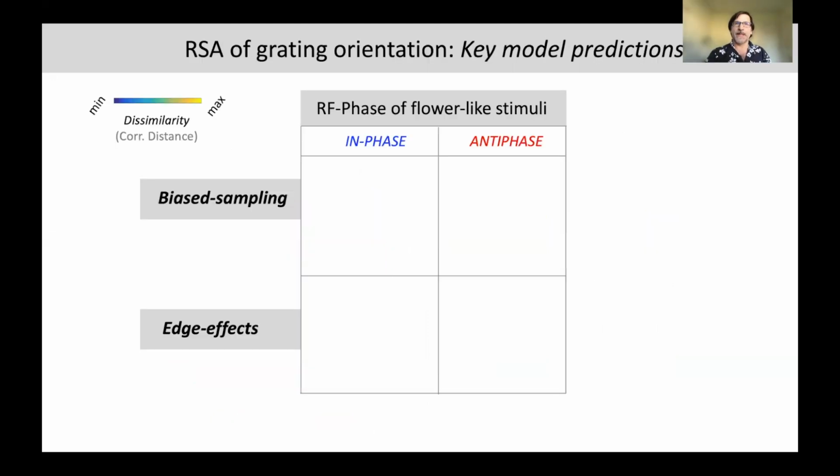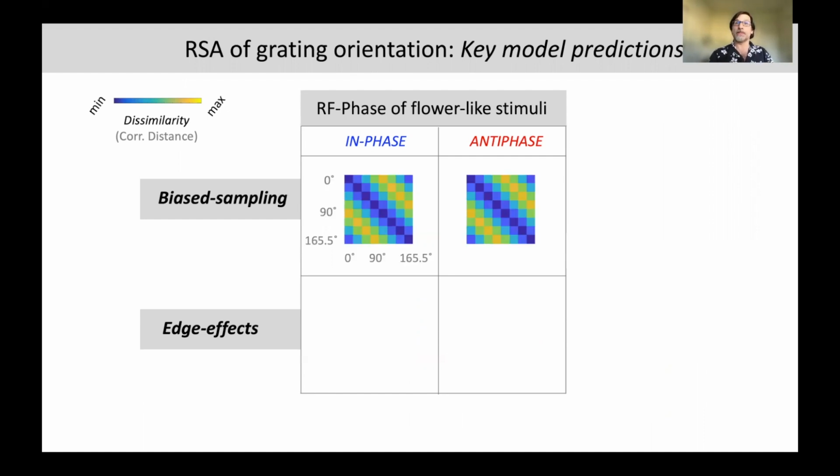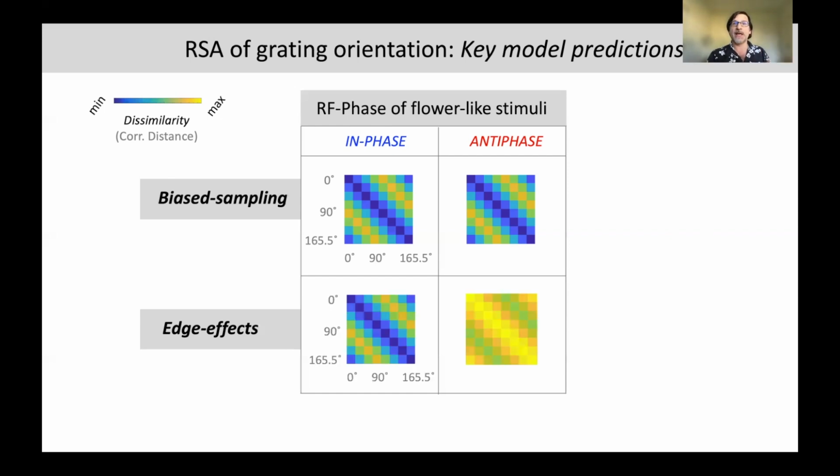To summarize, let's arrange these key observations in a 2x2 table. While the bias sampling model predicts the same representational structure reflecting angular disparity within and across radial frequency phases, in stark contrast, the edge effect model predicts that gratings with the same orientation will be maximally dissimilar in the antiphase condition, as revealed by yellow cells along the main matrix diagonal.